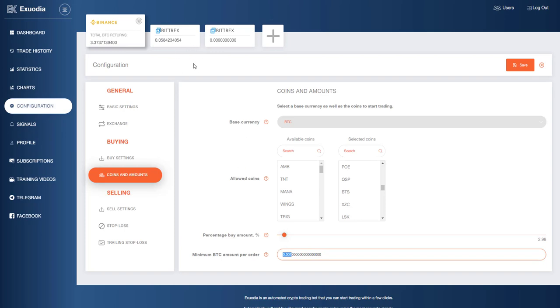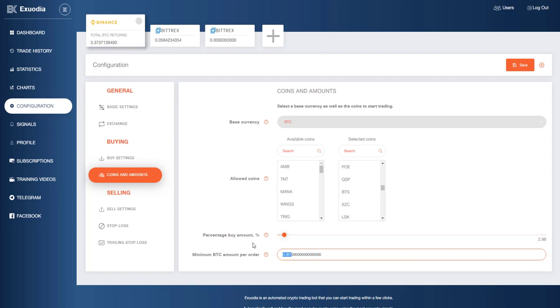Bittrex has its own minimum BTC available, but over here you've got to make sure that the percentage buy amount that you set ends up being above the minimum buy order for the exchange that you're on, or else it's not going to execute the trade. That's because it falls below the minimum trade amount of the exchange.